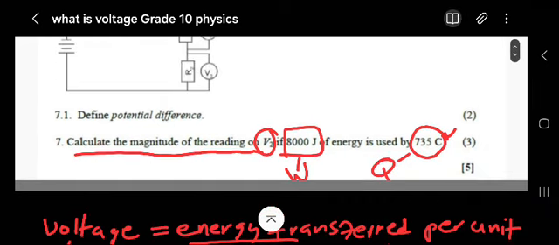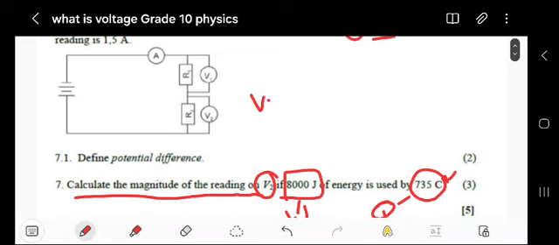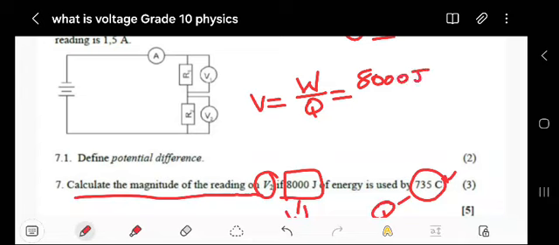So without wasting time, you know that voltage is W, which is energy over charge, right? Your energy here is 8,000 joules, as you can see.